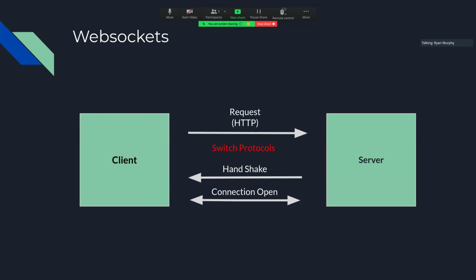We'll look at an example later in Node where none of it's happening over HTTP, but in a web browser, the client will send a request to a WebSocket address, and the server will actually respond with an HTTP response, but it'll be a status code of 101, I believe, and that will indicate that it's switching protocols. And then that connection will remain open. There'll be a handshake response, and then the connection is left open. So both the client and the server can send and receive messages at that point.